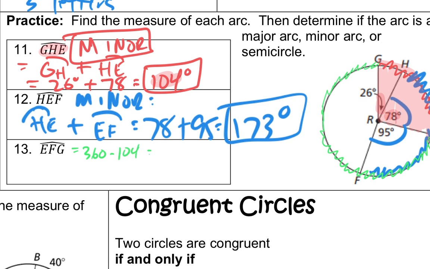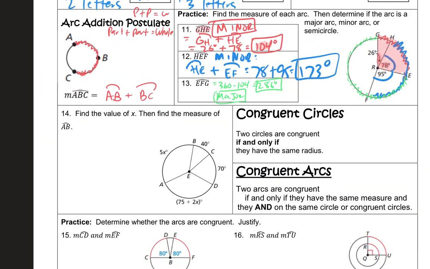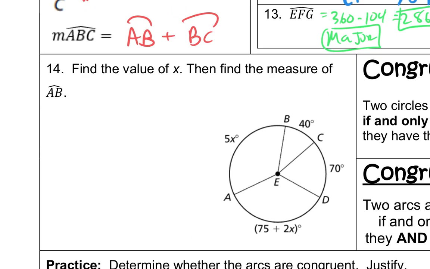So 360 minus 104 gives us 286 degrees. Okay, so that's our answer. How much is 286? That is a major arc. So that's what we're going to keep in mind on that one, that we're just going to do our arc addition. So thinking about that, let's go ahead and do this higher level one using algebra.